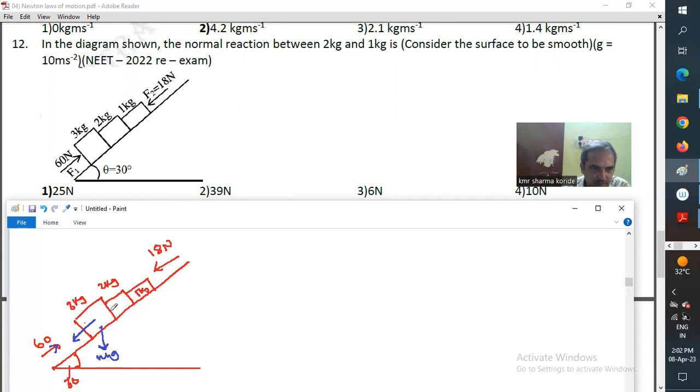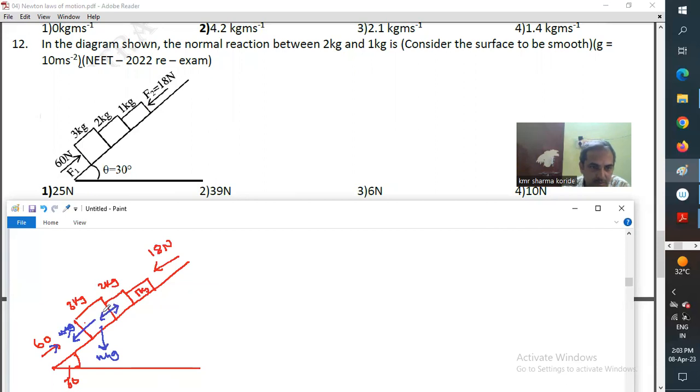Next, here, contact force favors the motion of 3 kg, but opposes 3 kg. So this is here first contact force, mg sin theta. Then contact force favors, contact force opposes.